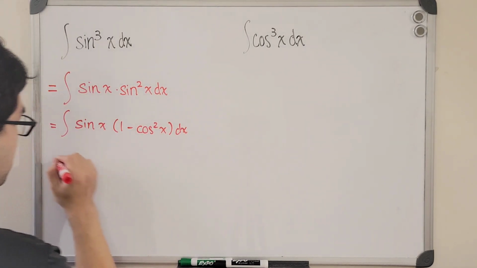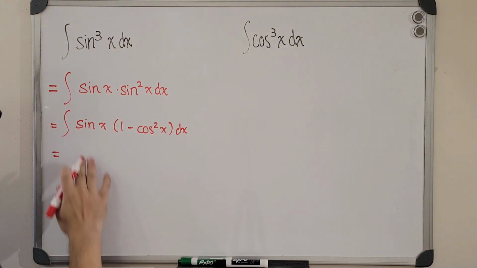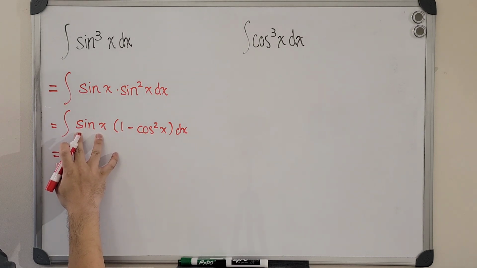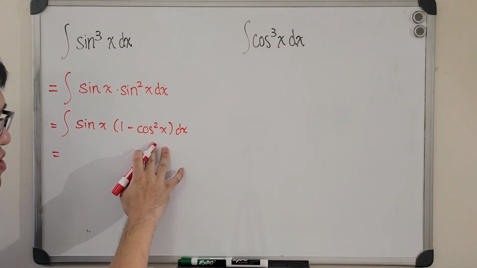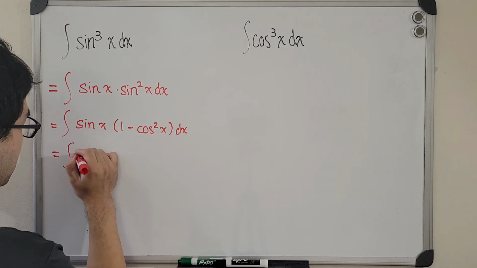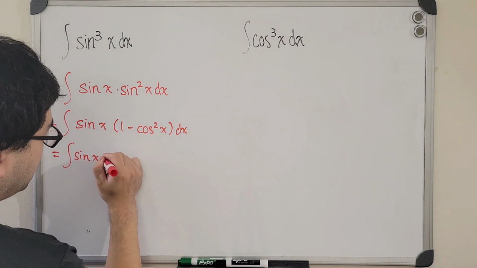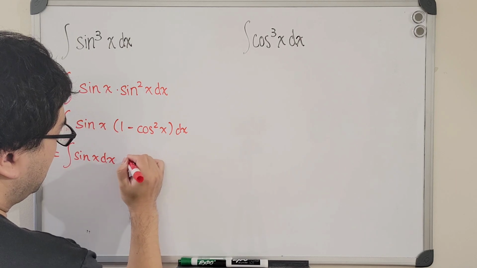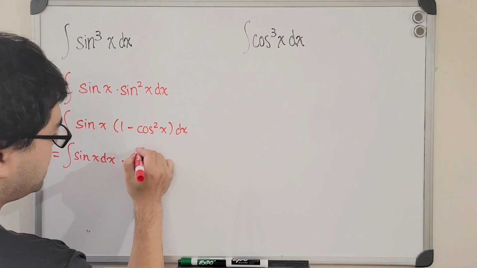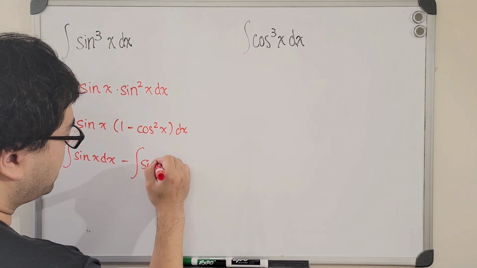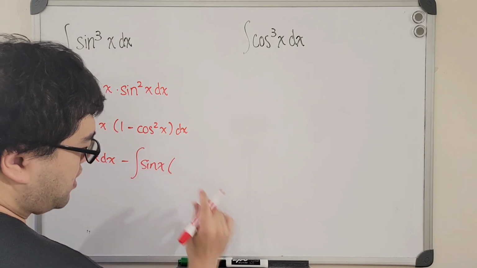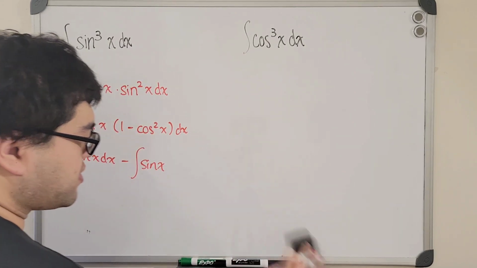After we do that, we can multiply the sine of x into each term inside the parentheses and distribute it to get the integral of sine of x dx minus the integral of sine of x times cosine square of x.